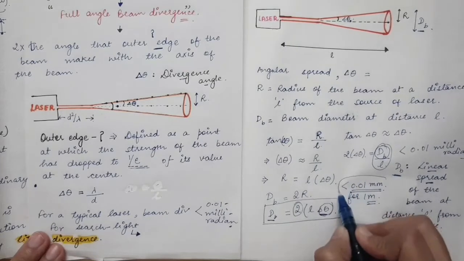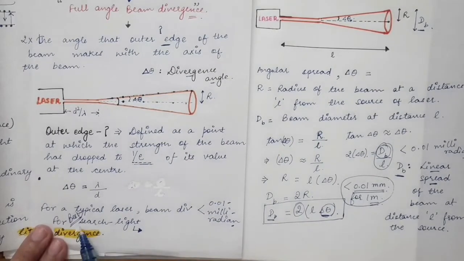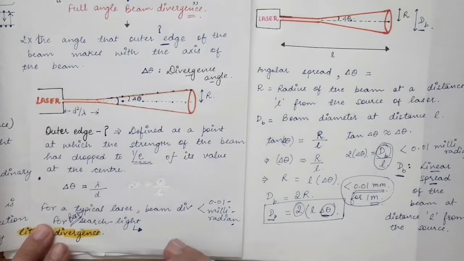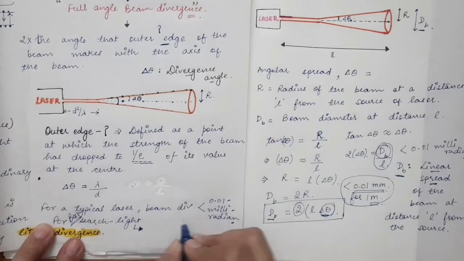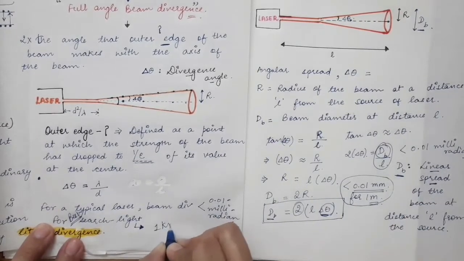So this is the beam divergence for the case of a laser light. But for the case of a best searchlight, which is a conventional light source, this linear spread of the beam is about 1 kilometer.